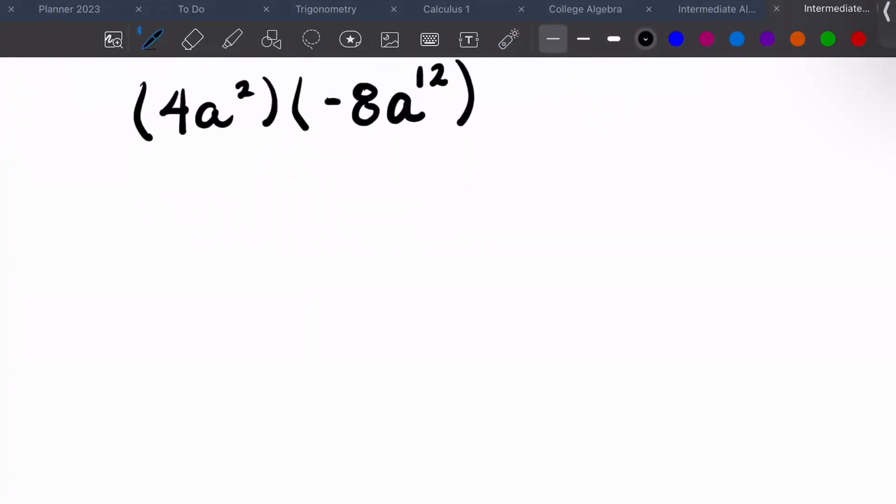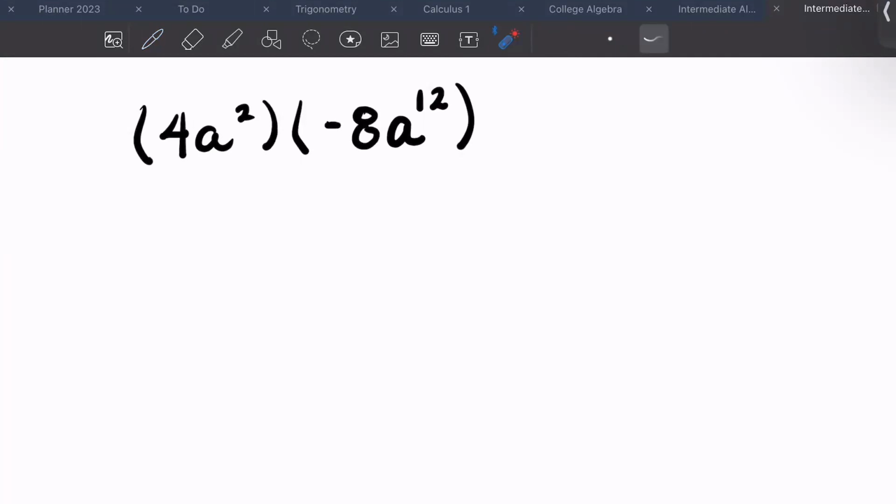Looking here, you have something times something. There's nothing on the outside here. There's no power there. So 4 times -8 is -32. And then we add our exponents whenever we multiply. Got my words mixed up, right?